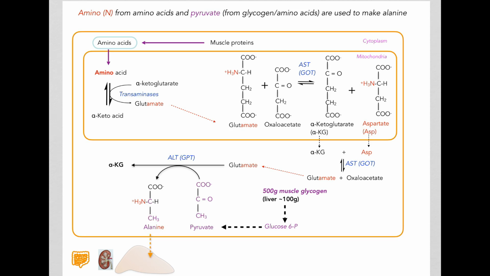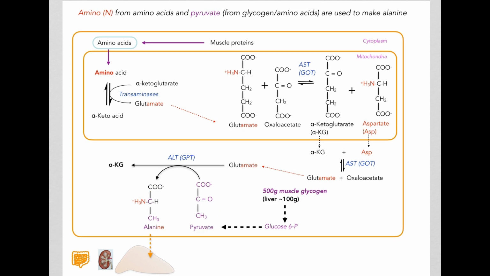So it's important to note once again that the carbon skeleton that we see in alanine coming from the skeletal muscles is not coming from an amino acid. It's really coming from pyruvate, which is mostly coming from muscle glycogen.